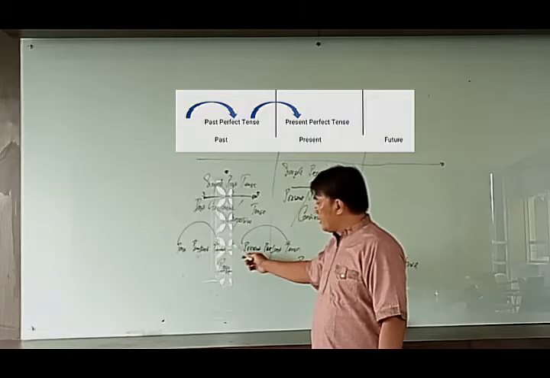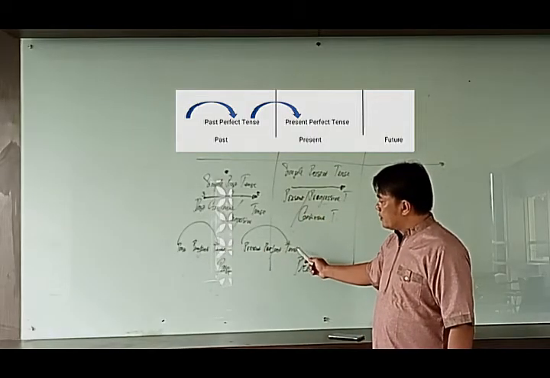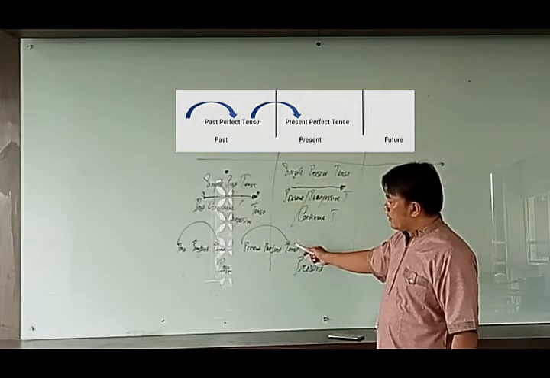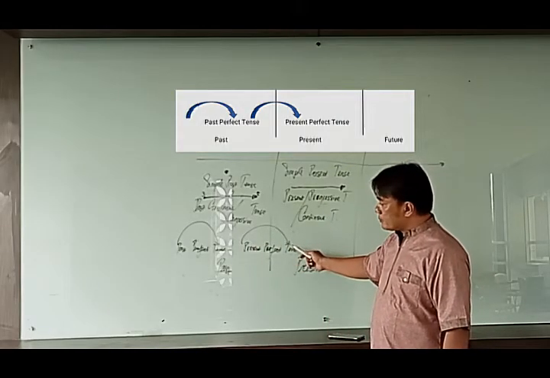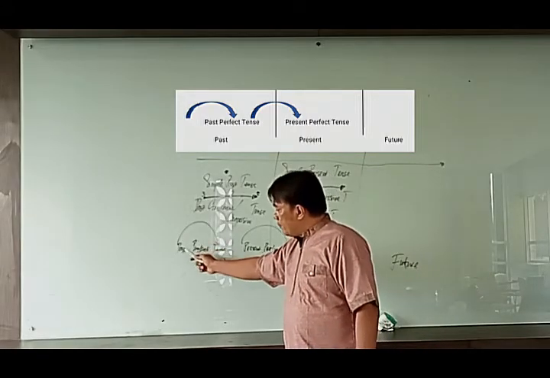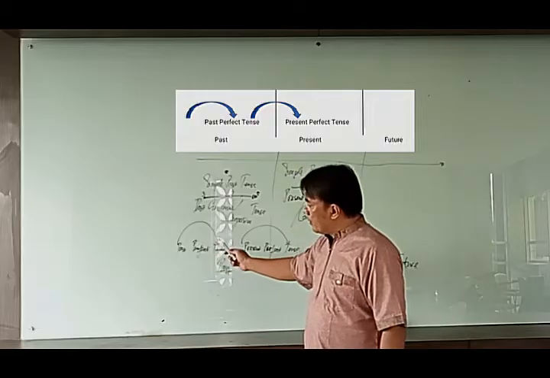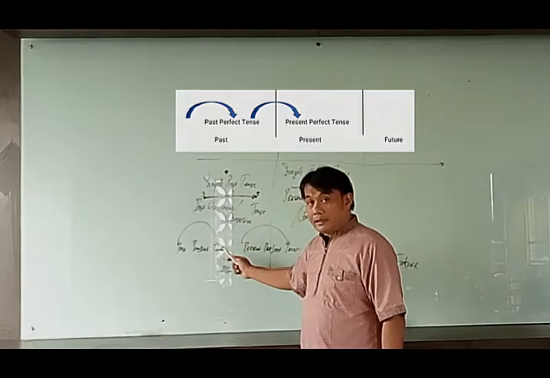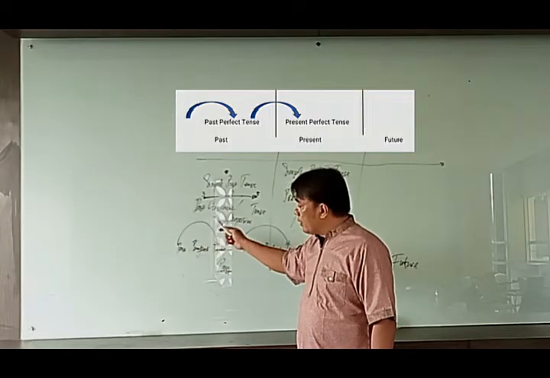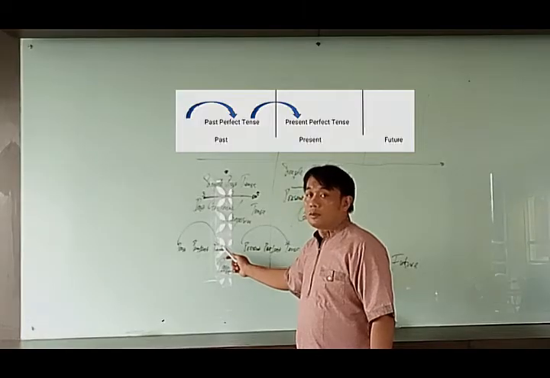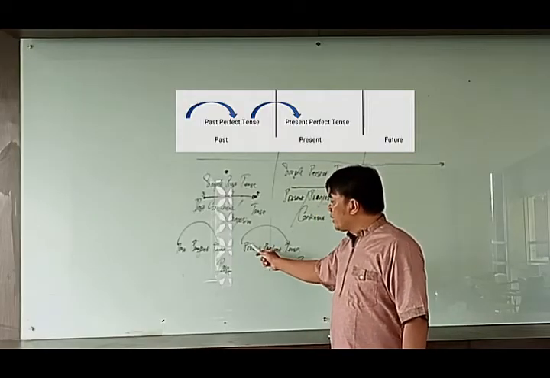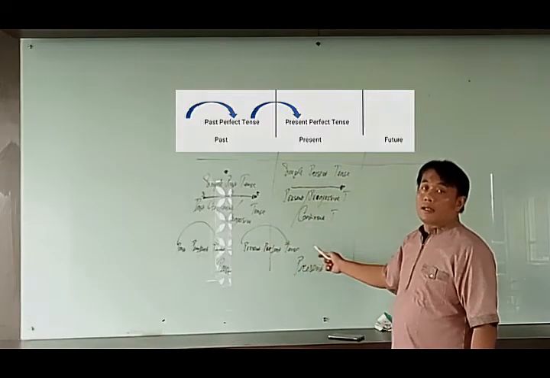And then present perfect tense, the activities happen since a time in the past and then are still happening. Jadi ini past perfect tense itu skala waktunya mulainya dari waktu lampau dan telah berakhir. Jadi mulai dari lampau kemudian telah berakhir di waktu lampau. Jadi tidak ada kaitan dengan waktu present. Kemudian yang ini present perfect tense, mulainya lampau kemudian sekarang masih berlangsung.